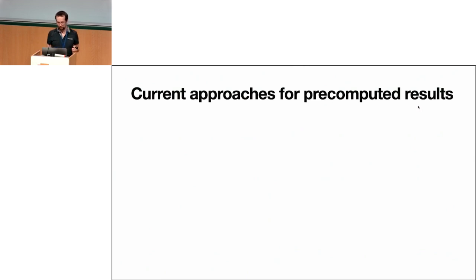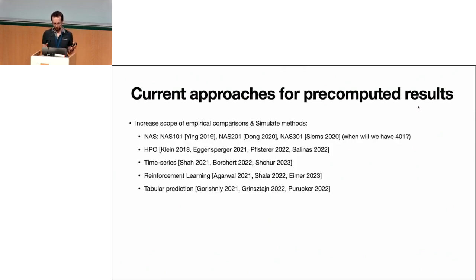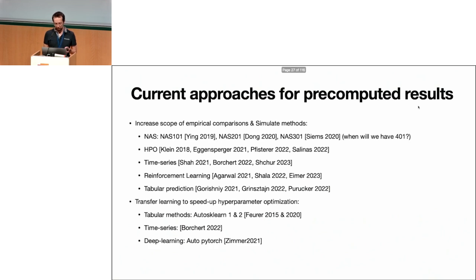So current approaches for pre-computed results, I mentioned a few, but essentially they're works that are there to increase the scope of empirical comparisons and allow to simulate methods for free. So people have been acquiring a lot of benchmarks for NAS, but this also happens for HPO, time series, reinforcement learning, and tabular prediction. Also, here I'm mentioning systems that use pre-computed results, so not just transfer learning methods.